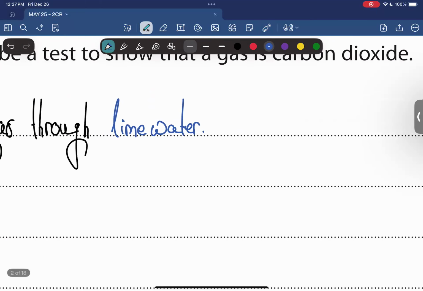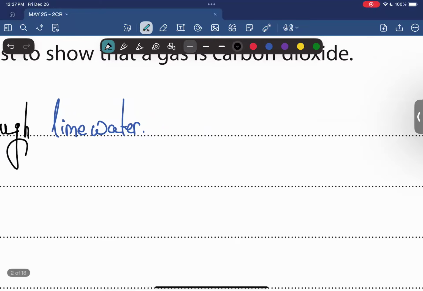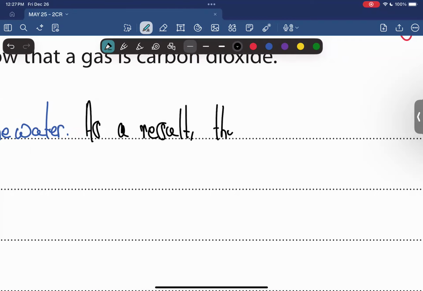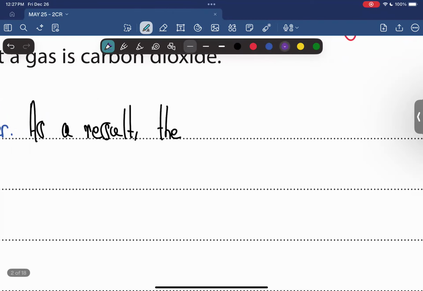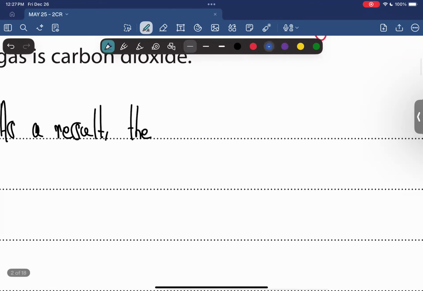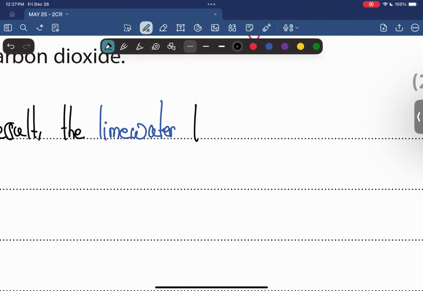This is the common test that is used for the presence of carbon dioxide.